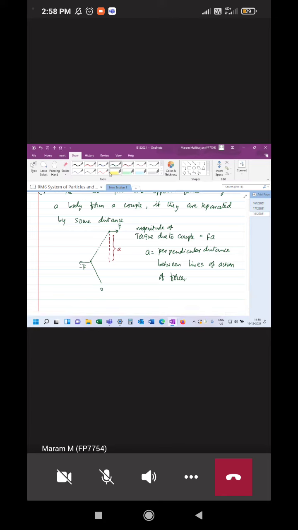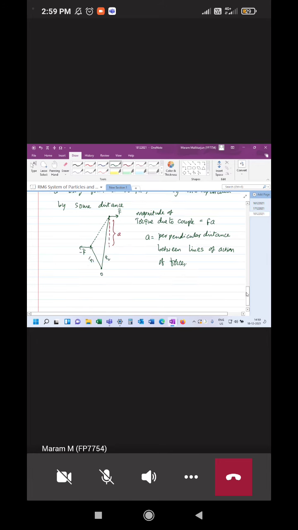R1 bar is the position vector of the first force, and R2 bar is the position vector of the second force. Then let's say this angle is theta. We'll come to that angle theta later.